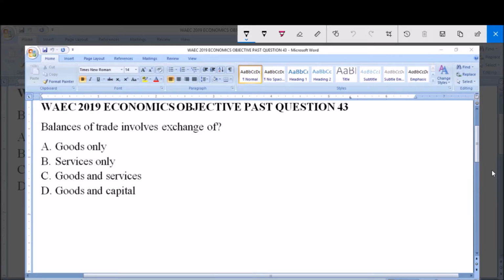So the concept we are looking at here is balances of trade, and what it involves.